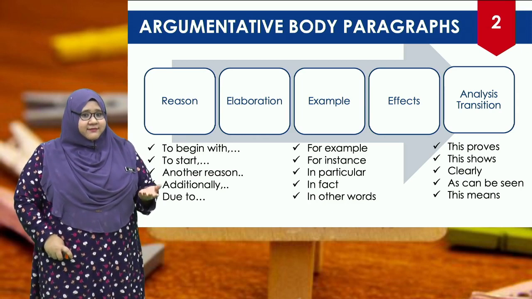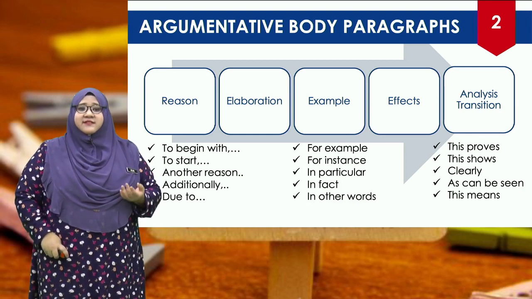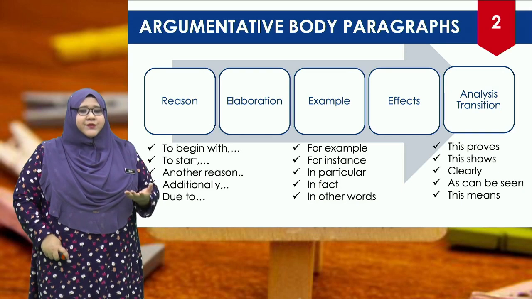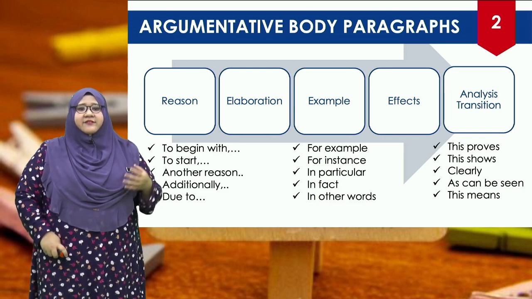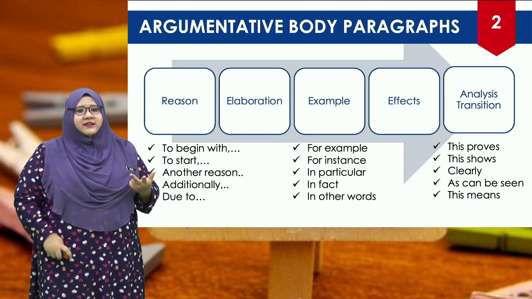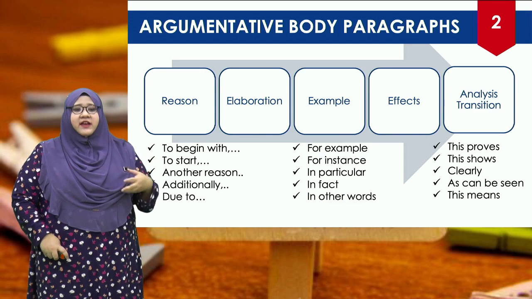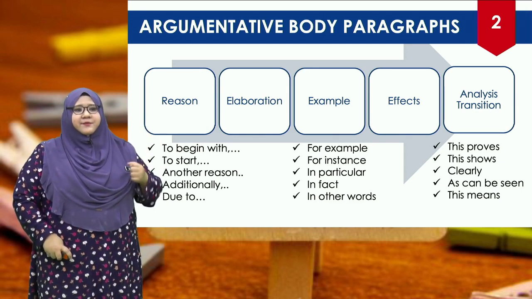Still with me? Okay. You can introduce your examples by using transition words like for example, for instance, in particular, in fact, or in other words. If you have many examples, mix it up.